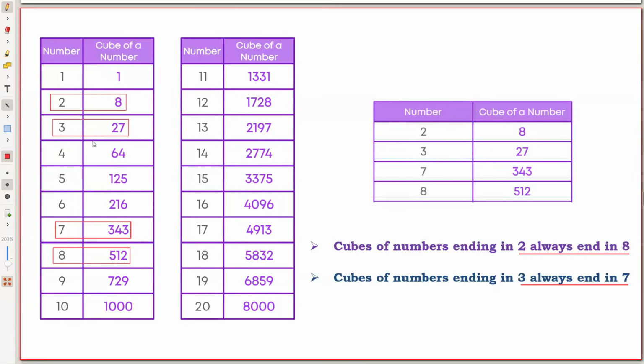Except 2, 3, 7, 8, everything else ends with the same digit: 1 with 1, 4 with 4, 5 with 5, 6 with 6, 9 with 9, 0 with 0. You can see this in the tabular column: number, cube of a number, ending digit. 2 means 8, 3 is 7, 7 means 3, 8 means 2.